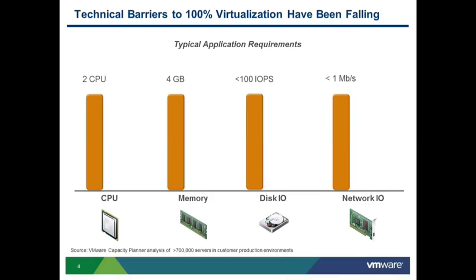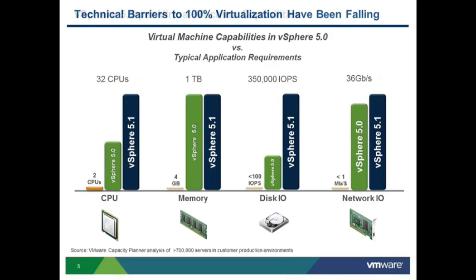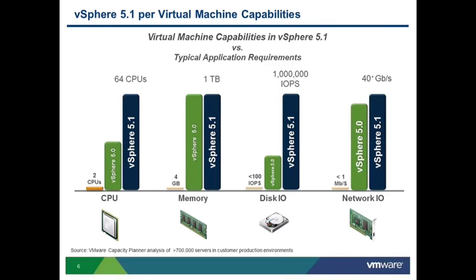When we put that together now, if we look at what vSphere 5 was capable of, this is going back for some of you guys as well, but it's important to note that 32 virtual CPUs per virtual machine, up to a terabyte of memory, 350,000 IOPS, and again, the network bandwidth that's available is growing and growing and growing. So now that barrier becomes a little bit less. And talking about barriers, with vSphere 5.1 we've increased the CPU count to 64 virtual CPUs per virtual machine.